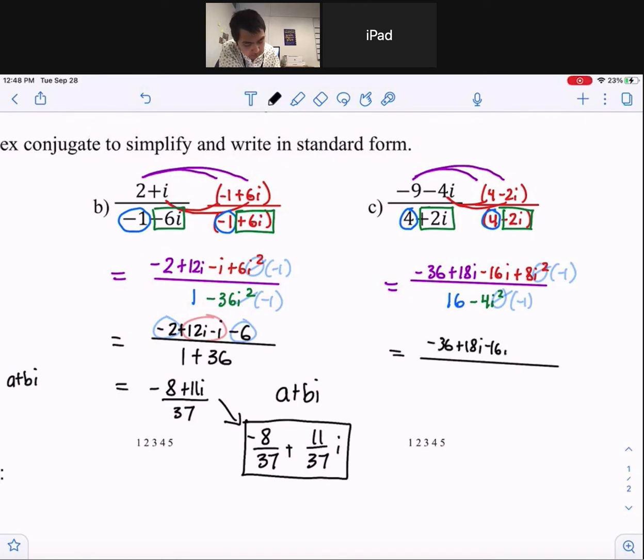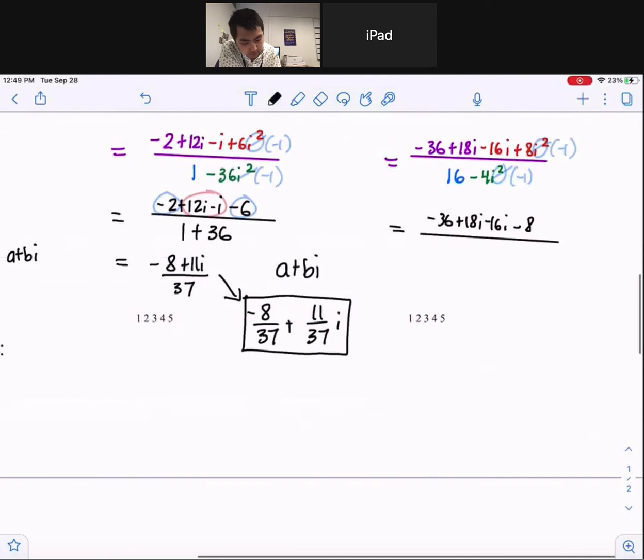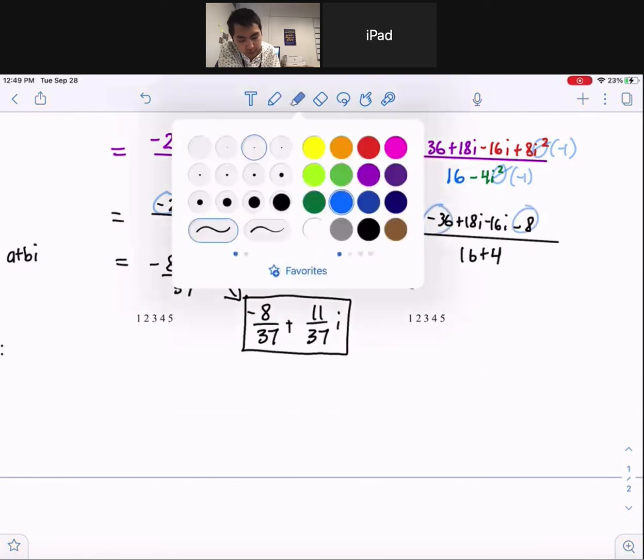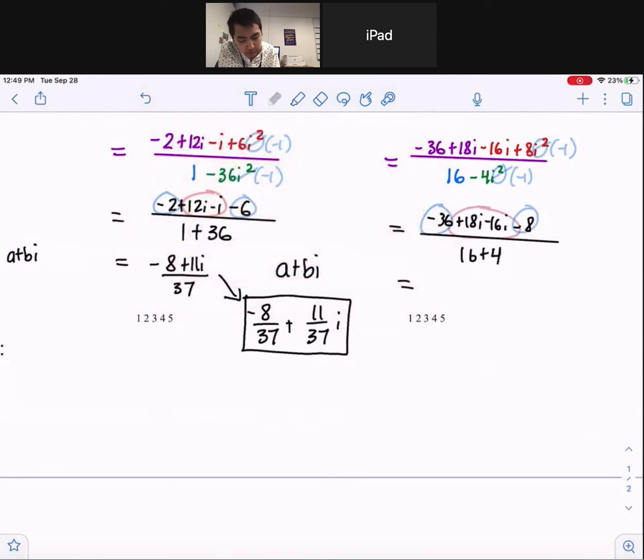Just drop them down. Okay, 8 times -1, that's -8. -4 times -1, you guys, that's +4. So on the bottom, we're going to have 16 plus 4. So we're going to combine like terms. These are the reals. These are the imaginaries. So we got -44 plus 2i all over 20.